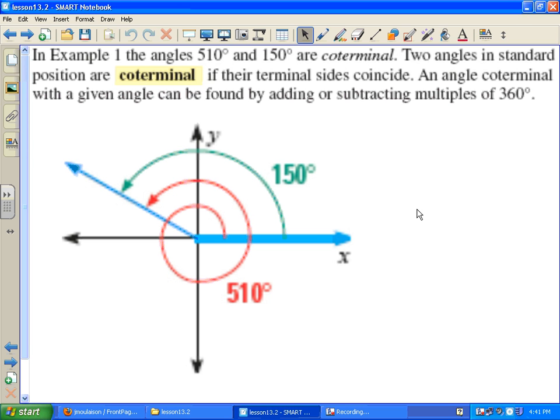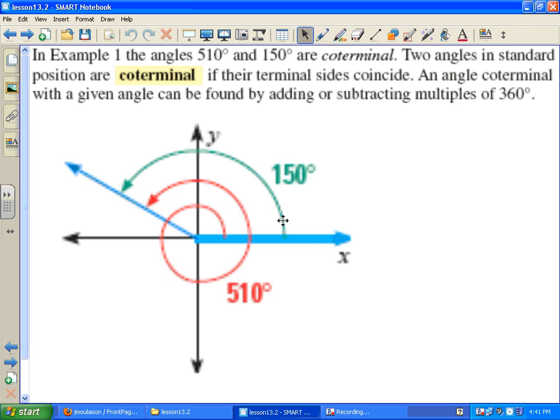So these two angles in standard position, 150 degrees, indicated by this green rotation arrow, and 510 degrees, indicated by this red rotation arrow, are coterminal. They're both in standard position. Their initial side is the positive x-axis. And they're coterminal because their terminal sides are coincident. Their terminal sides are located in the exact same location.